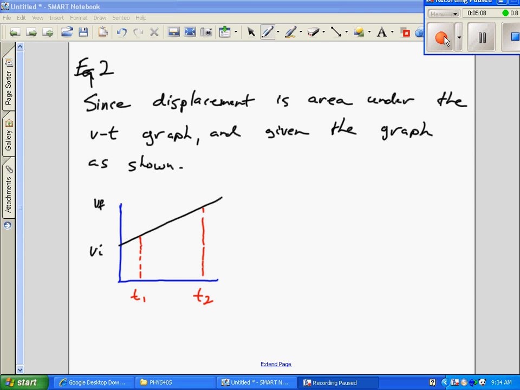So we are looking at a velocity time graph here, and the displacement is the area under the velocity time graph, okay? And so which area am I talking about? That area in there, right?